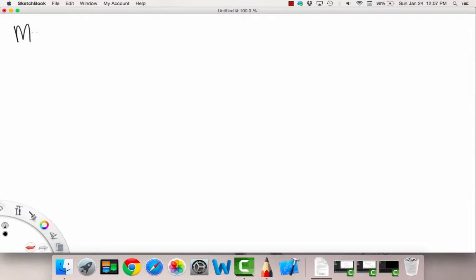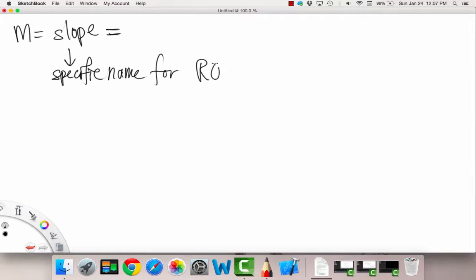So m is equal to slope, and that's the specific name for the rate of change of a line, some linear function. I'll write that down. That's pretty important. This is basically how much y changes, or the value of our function changes, with every 1 unit increase in x.